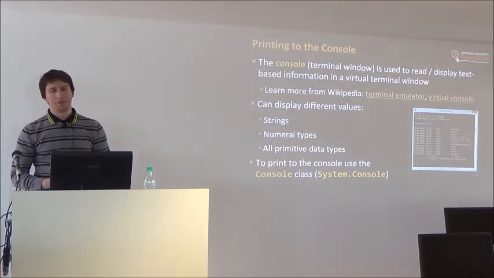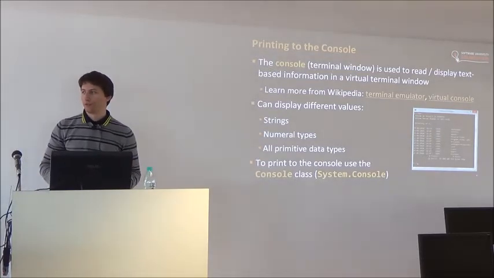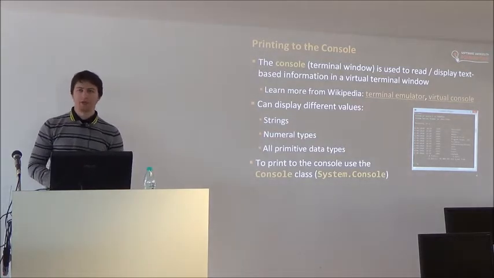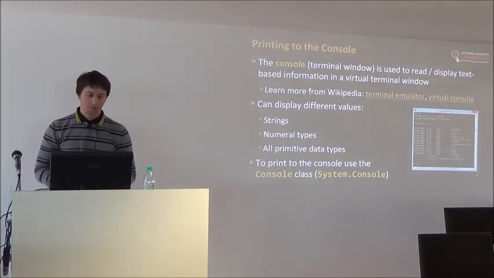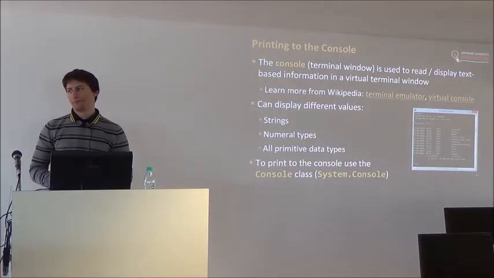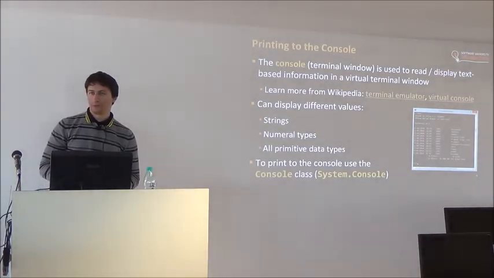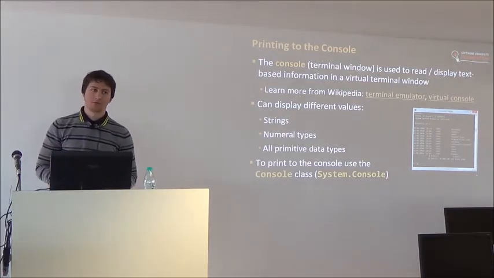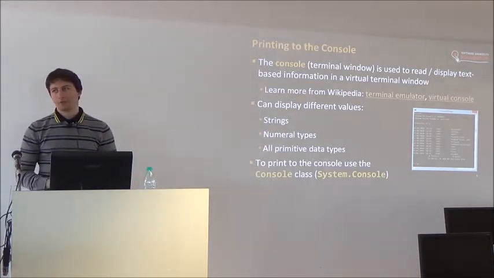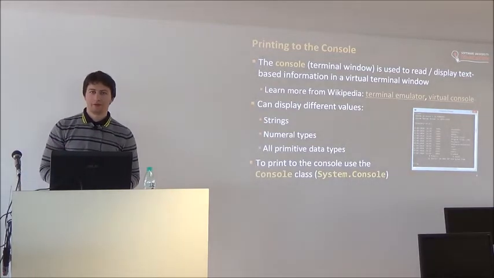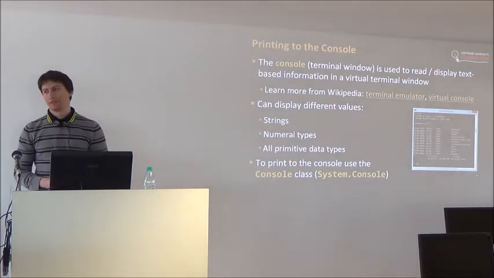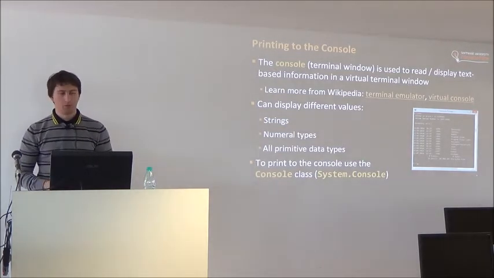Because this is an introductory course, we'll still be using the console. I hope most of the things you've already seen, so it won't be anything entirely new. You'll probably see some new topics on how to convert between different encodings, for example, from Windows 1251 to UTF-8 or UTF-16, etc. But most of the things, as I said, won't be new to you.